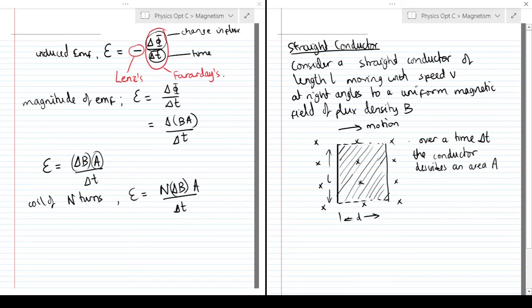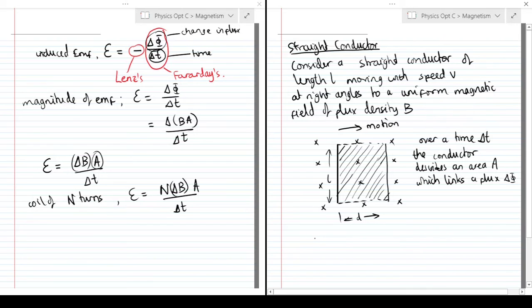So it's that shaded area there, which links a flux, let's say phi. Let me call it the change in magnetic flux linkage, because flux is linking the wire because it is perpendicular to it. So while it is moving, it is going to cut new field lines. So flux is being linked. So it links a flux, let's say delta phi in this case, right?